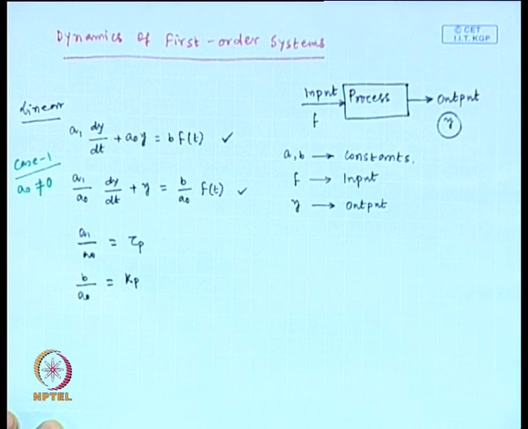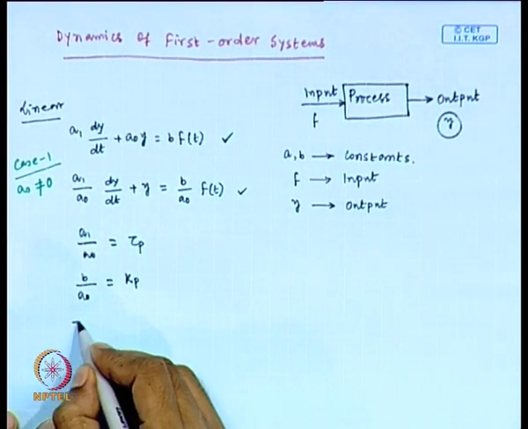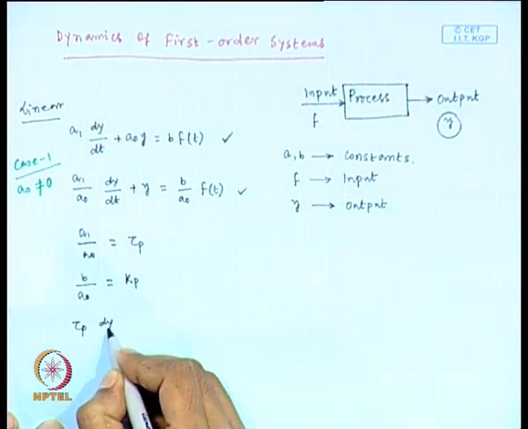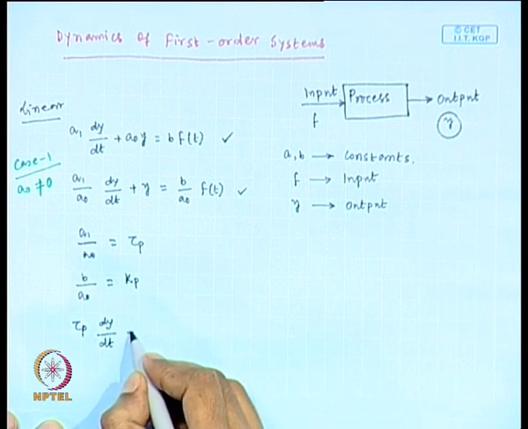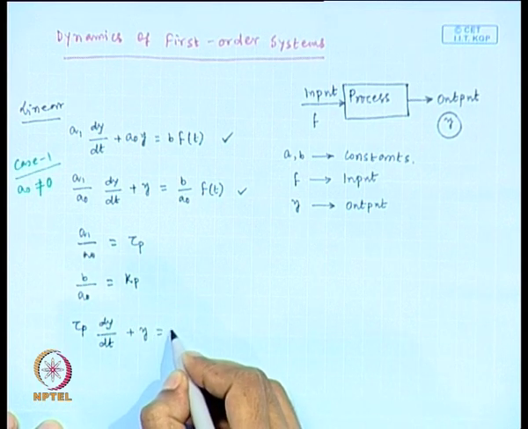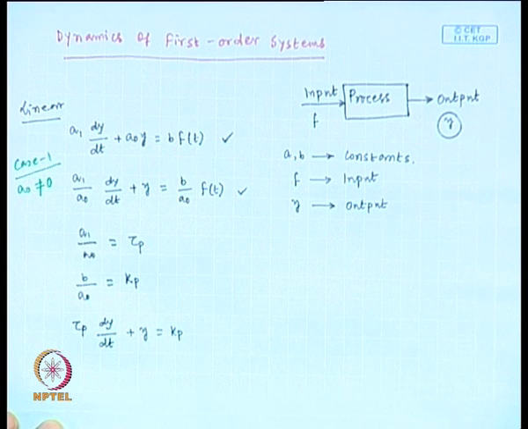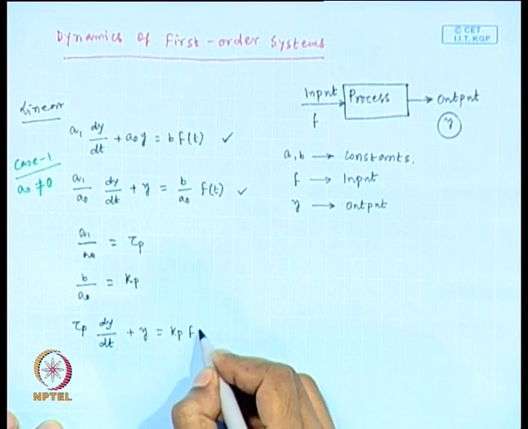Fine. Then the linearized form of first order differential equation for the case of a 1 not equal to 0 becomes tau p dy dt plus y equal to k p f t.